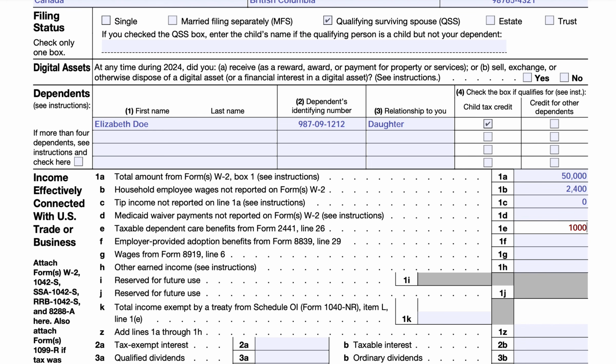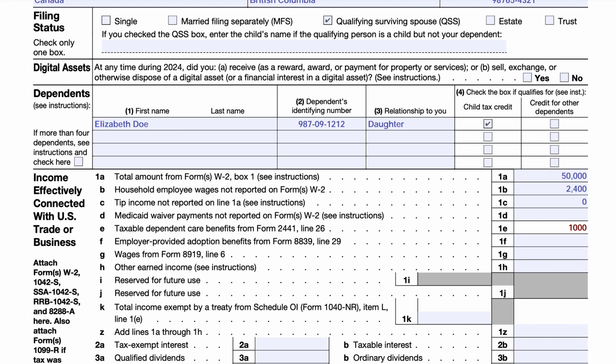In line 1F, this is employer provided adoption benefits from IRS Form 8839, line 29. So you can possibly exclude part or all of your employer provided adoption benefits.